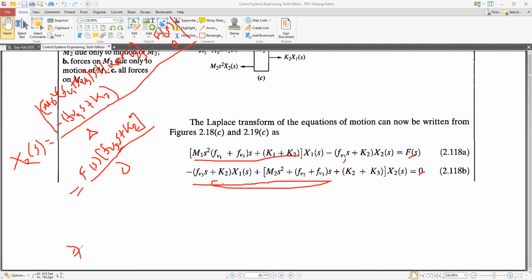So X2 divided by F(s) is equal to (FV3 s plus K2) divided by delta. See, this simple one, in this way.